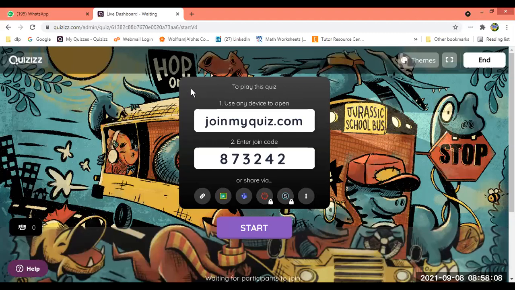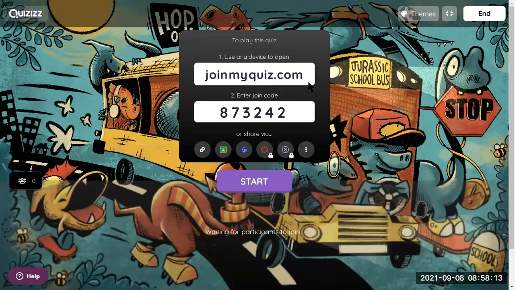Once you Google it, you will get a link for students. Click on the link and type in this code: 873242. That's the code. Once you enter the code, it will ask for your name. Enter your name and you will be on the dashboard.